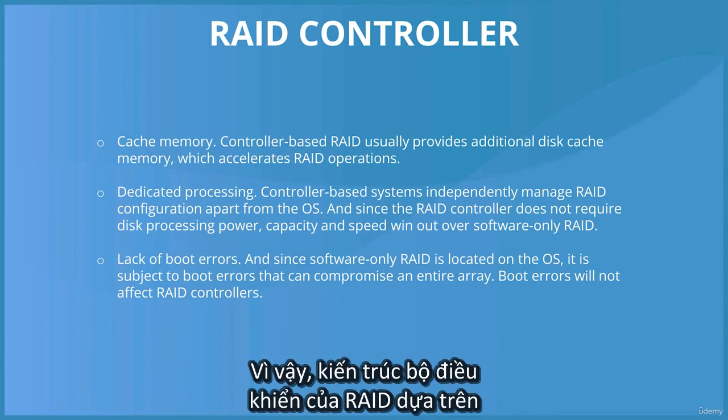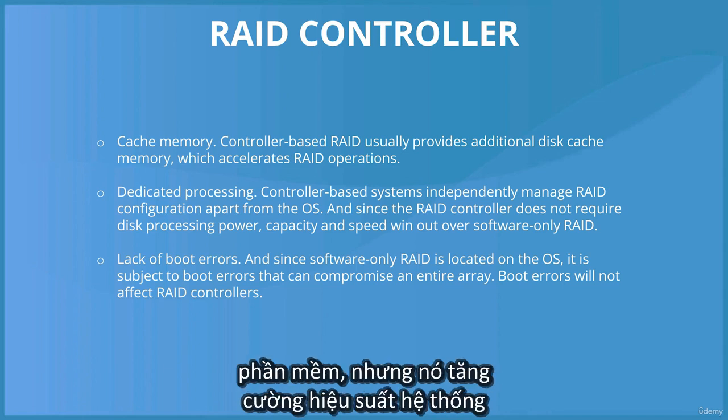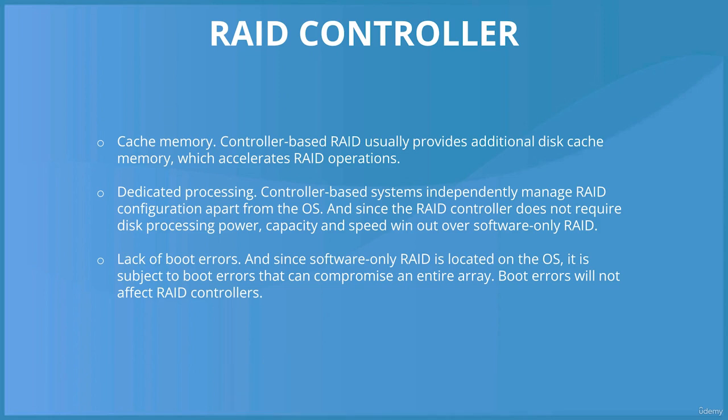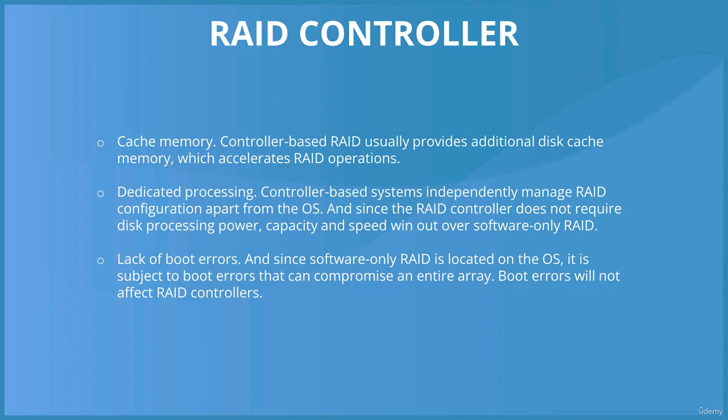So the controller architecture of hardware-based RAID is going to be more expensive than software-based RAID, but it increases system performance and it's not subject to any boot errors. Cache memory: controller-based RAID usually provides additional disk cache memory, which accelerates RAID operations.